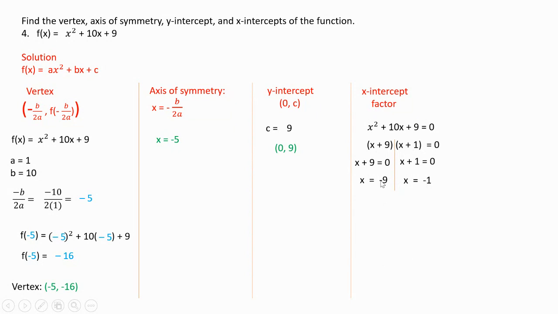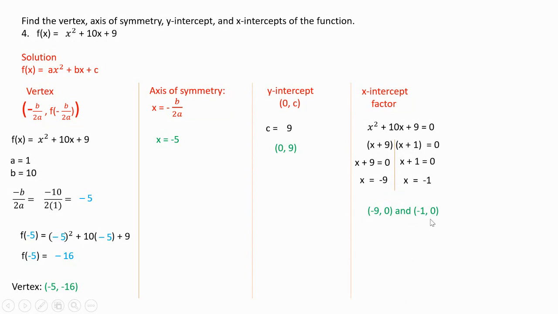At times, if you're using MyMathLab, the platform for the homework, be careful how they ask for the answer. At times, you can actually put x equals negative 9, comma, negative 1. But at times, it wants the actual point. If they want the actual point, it's going to be (negative 9, 0) and (negative 1, 0).